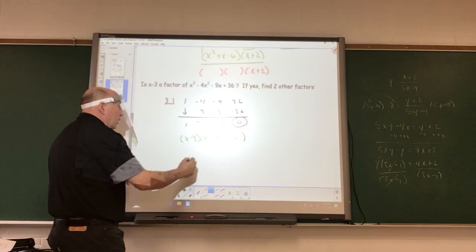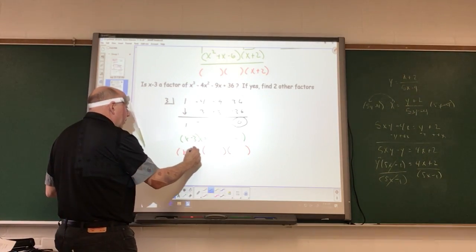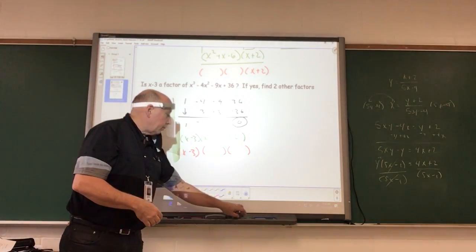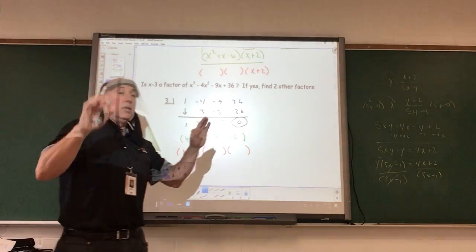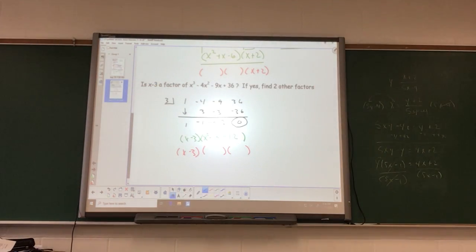Can we factor the x squared minus x minus 4 into two more factors? Once again, when we get into a trinomial, those are things that are factorable then. Those are things that we can handle. So we can use synthetic division to break it down into things that we can handle a little bit easier.